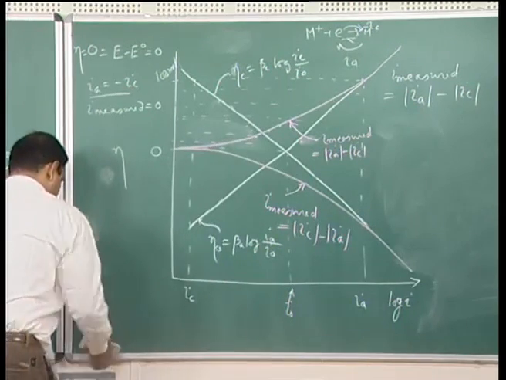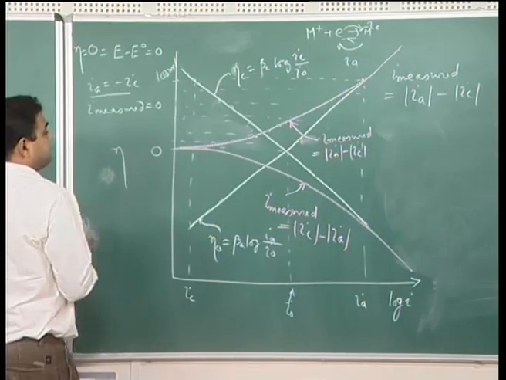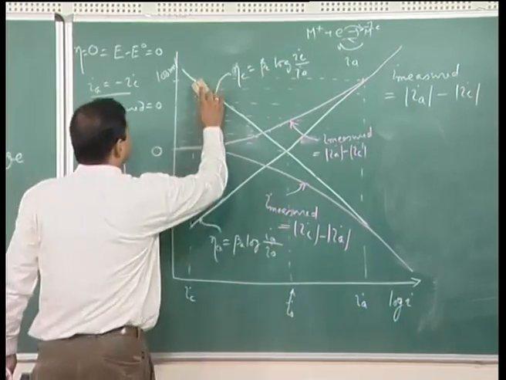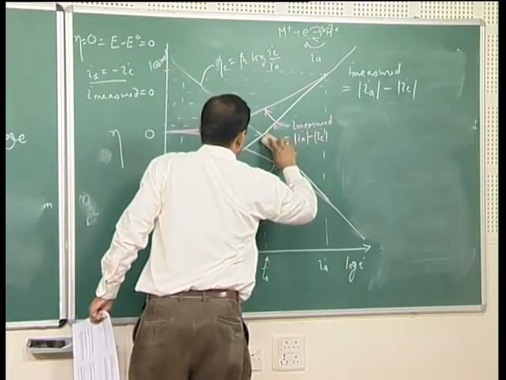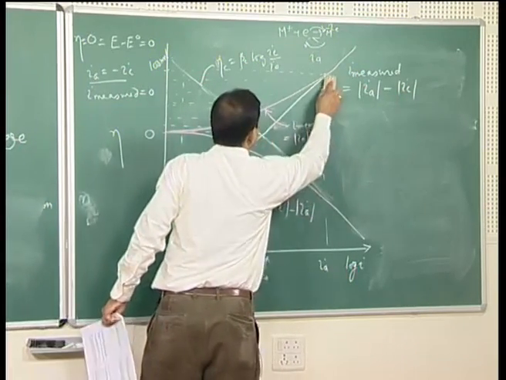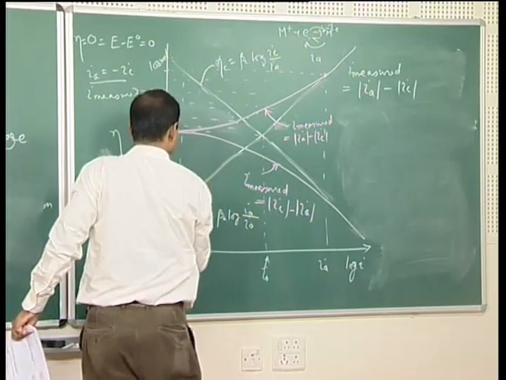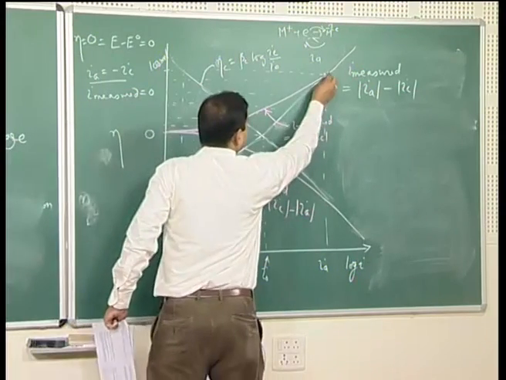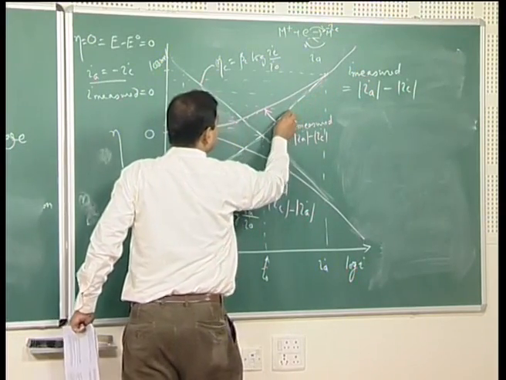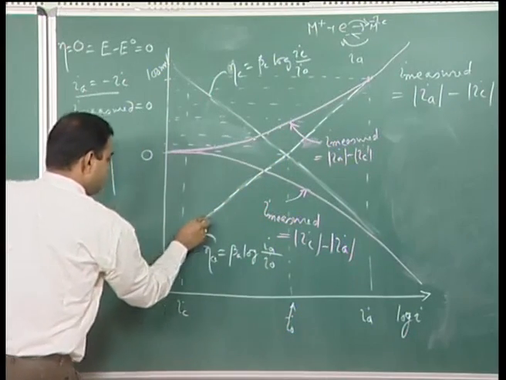So, let me put the experimental line as a solid line and the other line as a dotted line, which are not experimentally found out. So, my dotted line would be this.